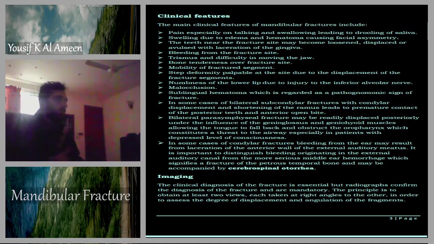It is important to distinguish bleeding originating in the external auditory canal from the more serious middle ear hemorrhage, which signifies a fracture of the petrous temporal bone and may be accompanied by cerebrospinal otorrhea.